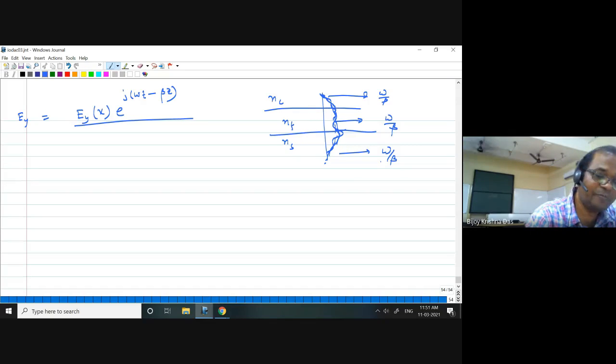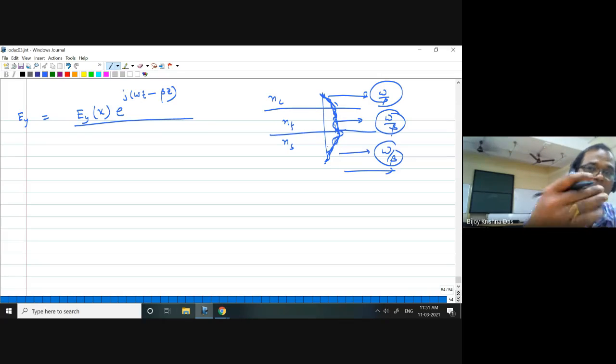So even though part of the mode is in the upper cladding and part of the mode in the lower cladding and the major part is in the core, the entire shape, how it is traveling along the z direction, depends on its constant phase velocity. If all three regions are traveling with the same phase velocity, then only does that distribution remain intact as it propagates.